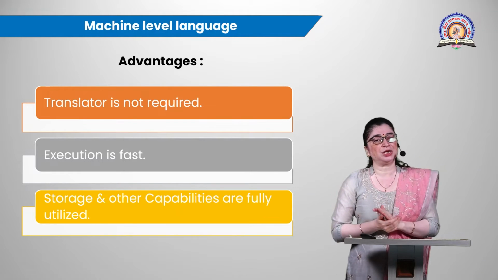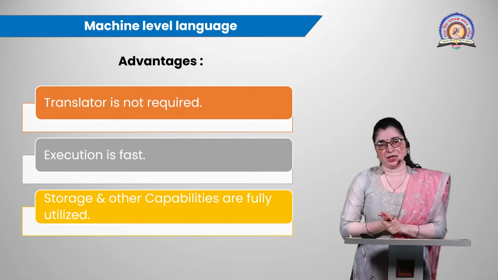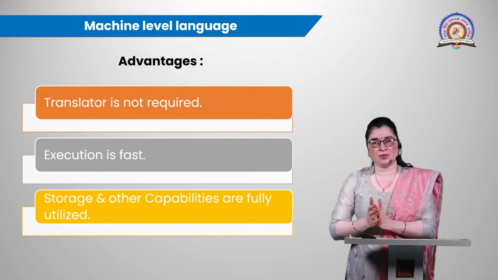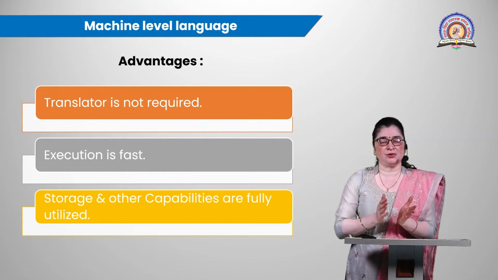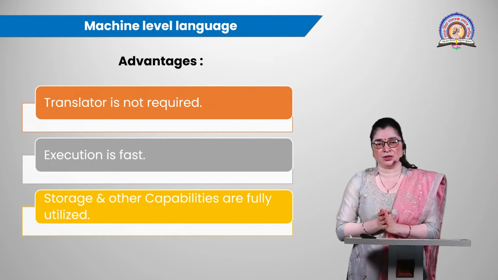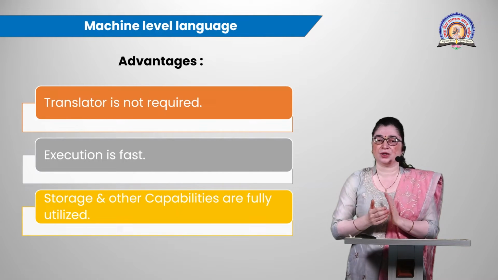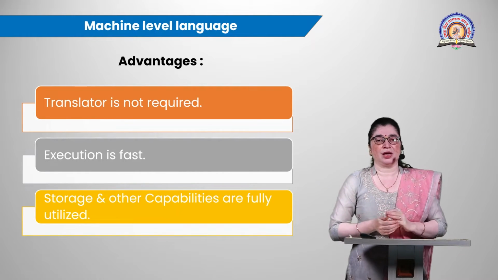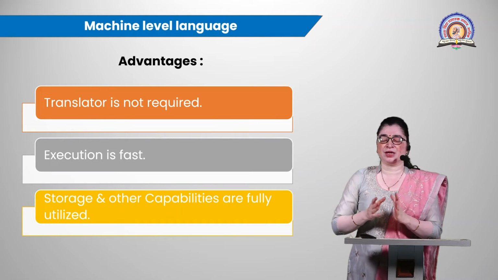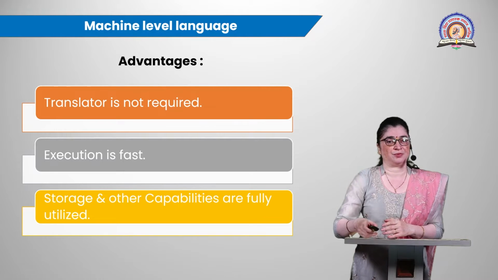The execution is fast, means you will get the output immediately because it is already in the machine level format in the form of ones and zeros. Therefore, there is no need of further conversion. So its execution is very fast. We will get the output immediately. And whatever storage capabilities are there, that are fully utilized by the system.